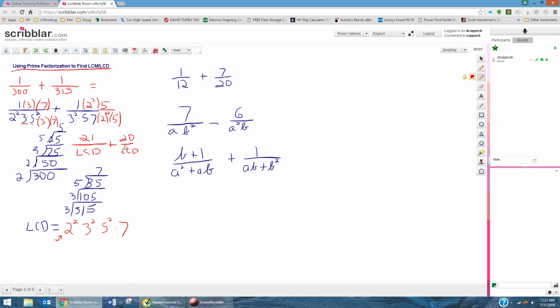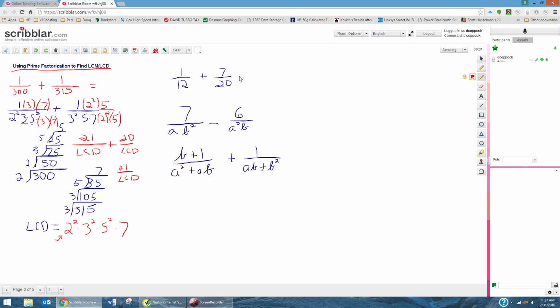And that's going to be 41 over the LCD. Now what is the LCD? Well, it's 4 times 9 times 25 times 7. And I believe I actually wrote that down. No, I didn't. So I'll leave that to the student to multiply those numbers out.